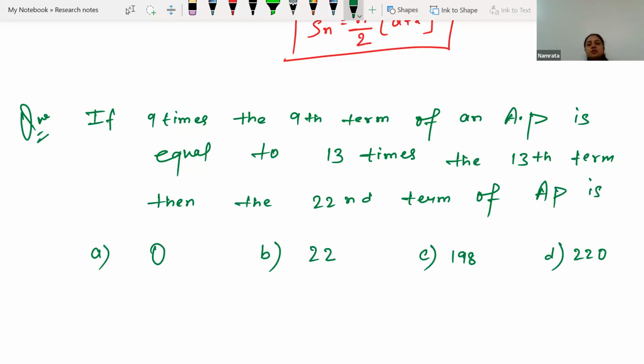Let's solve it. This type of question you have already solved in class 10 only. Okay, so let's see what exactly the question says.